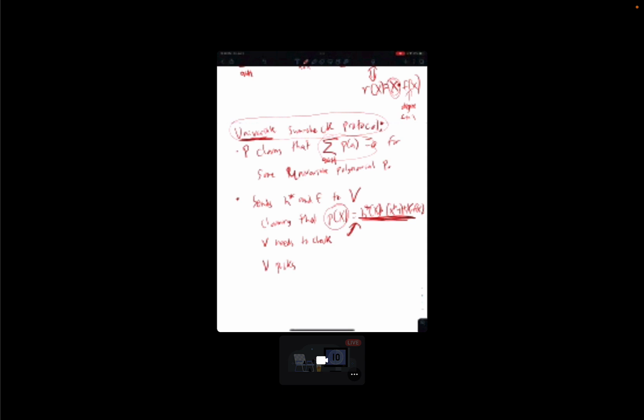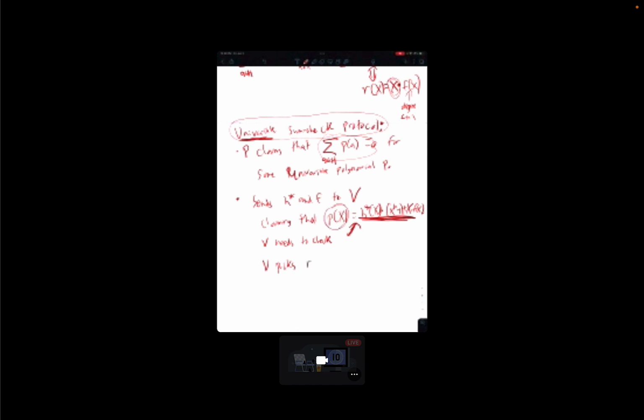So as long as the field is much bigger than the degree of anything on the left-hand side or the right-hand side here, then checking that this equality holds at a random point is equivalent, up to small soundness error, to confirming that the equality holds as formal polynomials.